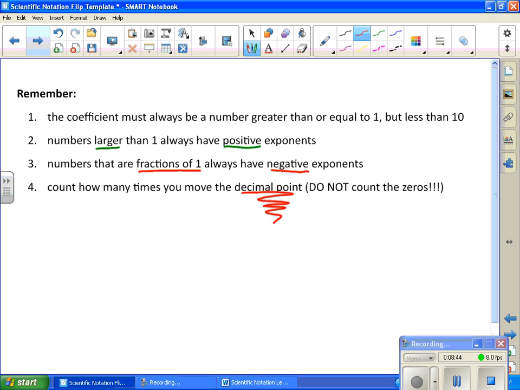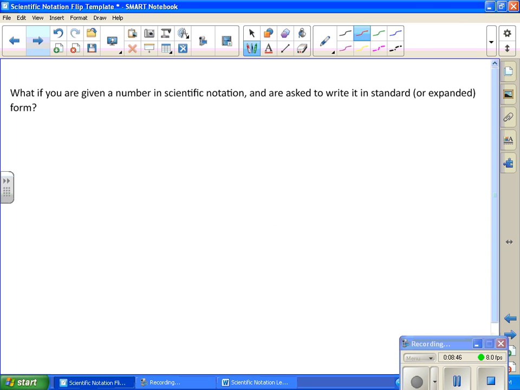Let's work a couple of examples here on what you would do if you are given a number in scientific notation and asked to write it in standard or expanded form. So, for example, you're given the number 8.34 times 10 to the 6th power.